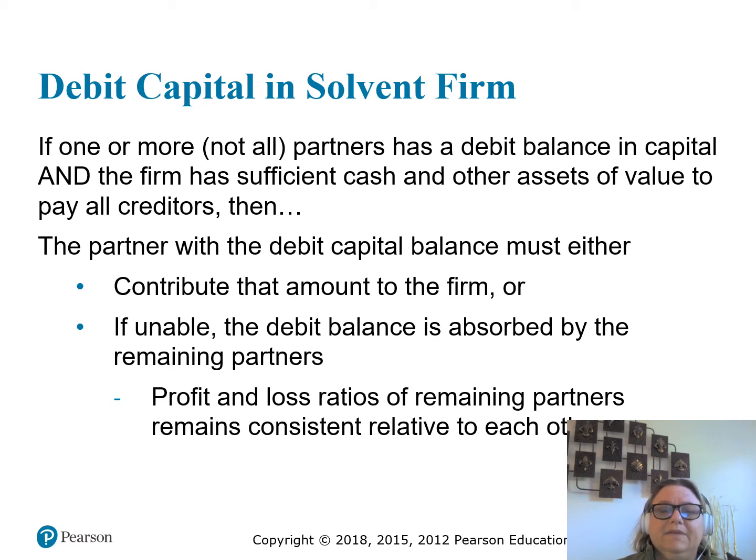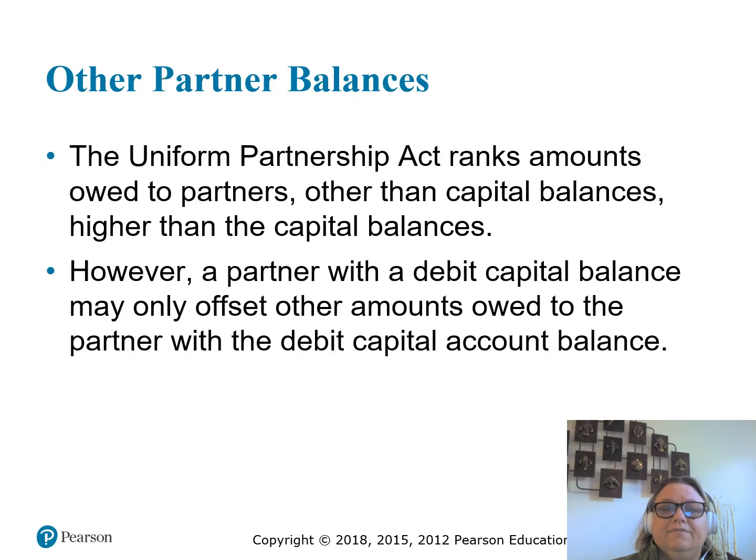And then you keep the consistent profit and loss ratios of the remaining partners relative to each other. The Uniform Partnership Act ranks amounts owed to partners other than capital balances higher than capital balances. However, a partner with a debit balance may offset the other amounts owed to the partner against the debit capital account balance.